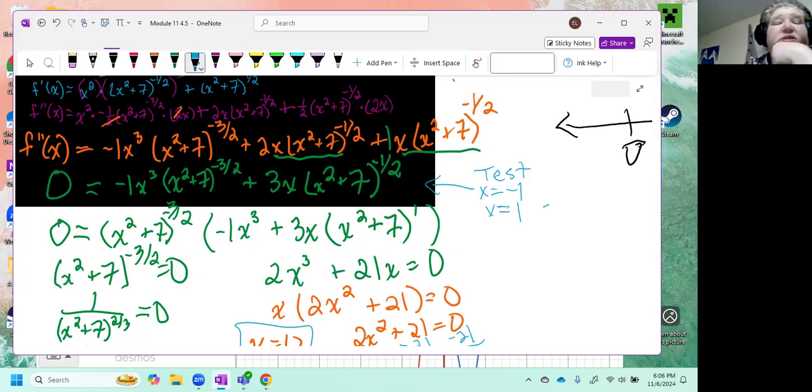So we're going to test those in this. -1 squared is positive, plus 7 is positive, raised to a power is positive. -1 cubed is negative, times the -1 outside, positive.